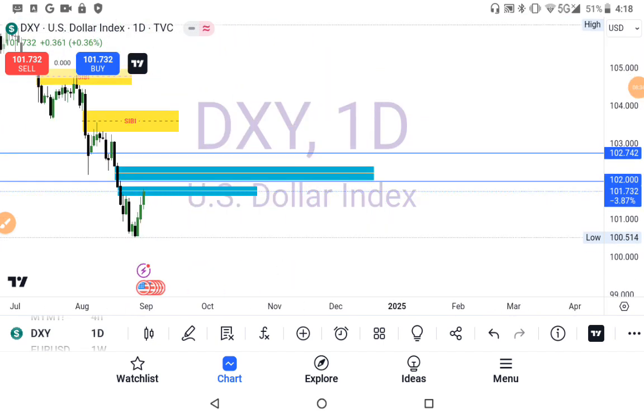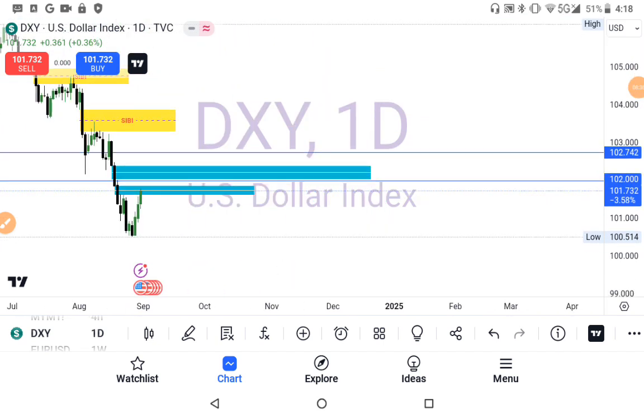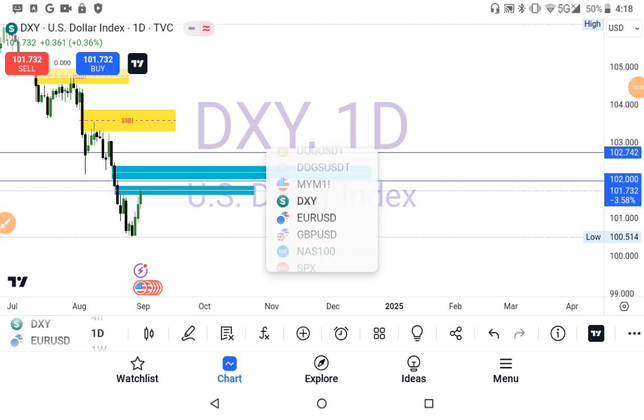Personally, what I'll be watching is 102 big figure and 102.742. I'll be bullish to that level, then watching if we are still gonna drop or we'll be continuing the upward movement. That is that on dollar US.